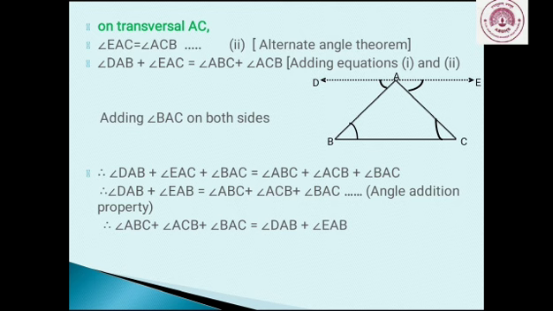So substituting this value in the above equation, we get angle ABC plus angle ACB plus angle BAC equals 180 degrees. And therefore, it is proved that the sum of measures of all three angles of a triangle is 180 degrees, and hence the theorem is proved.